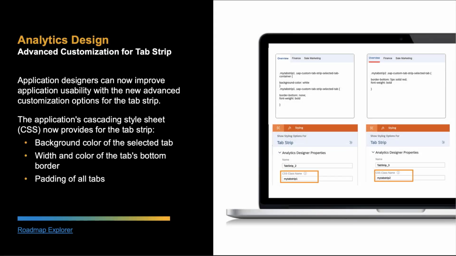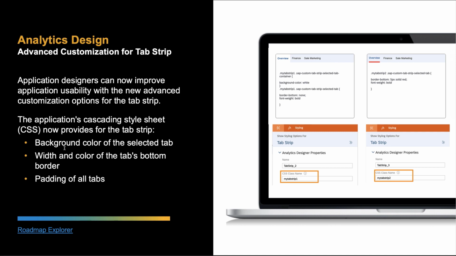Last but not least, we also deliver customization options for the tab strip. We provide more advanced CSS capabilities so that you will be able to style your tab strip. Here we can see that the tab strip can be styled with an underline and also with background colors.